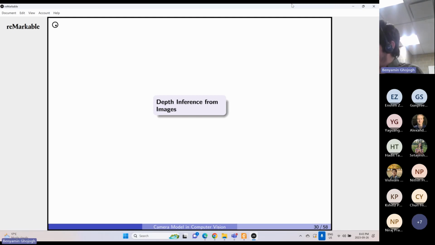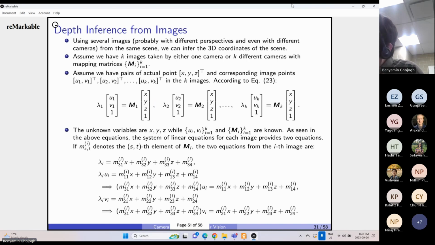Depth inference from images. When we have several images, probably with different perspectives and even with different cameras, either they can be different images taken from the same camera but with different perspectives, or you might have several different cameras and take images from the same scene.